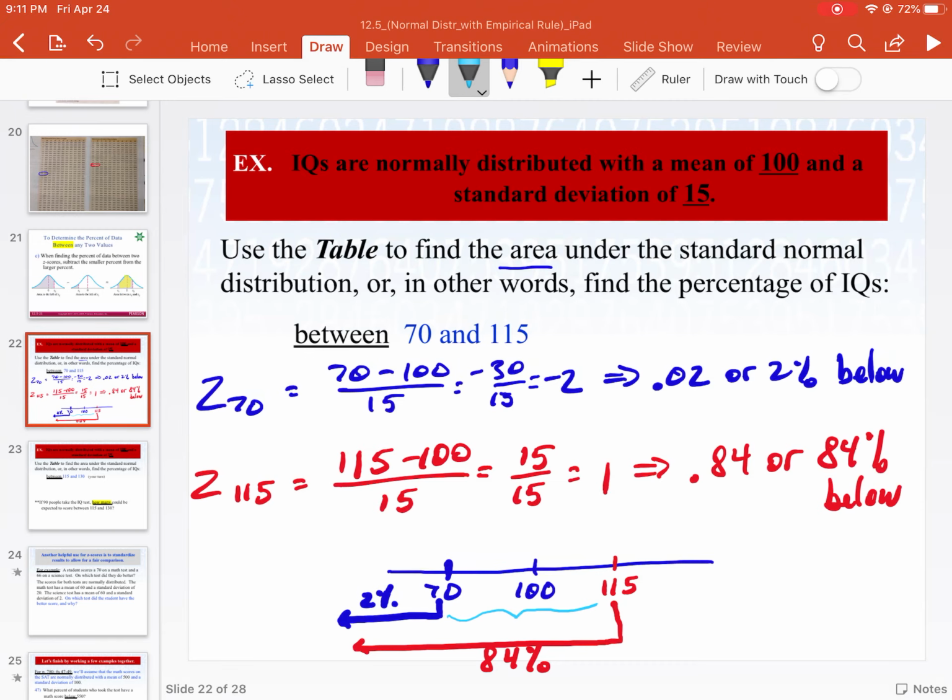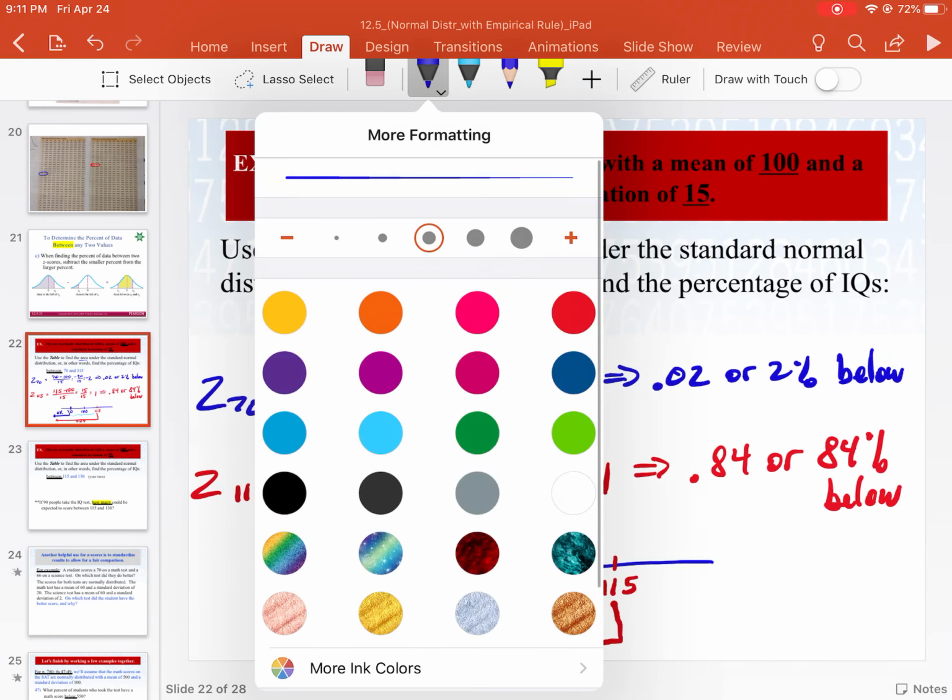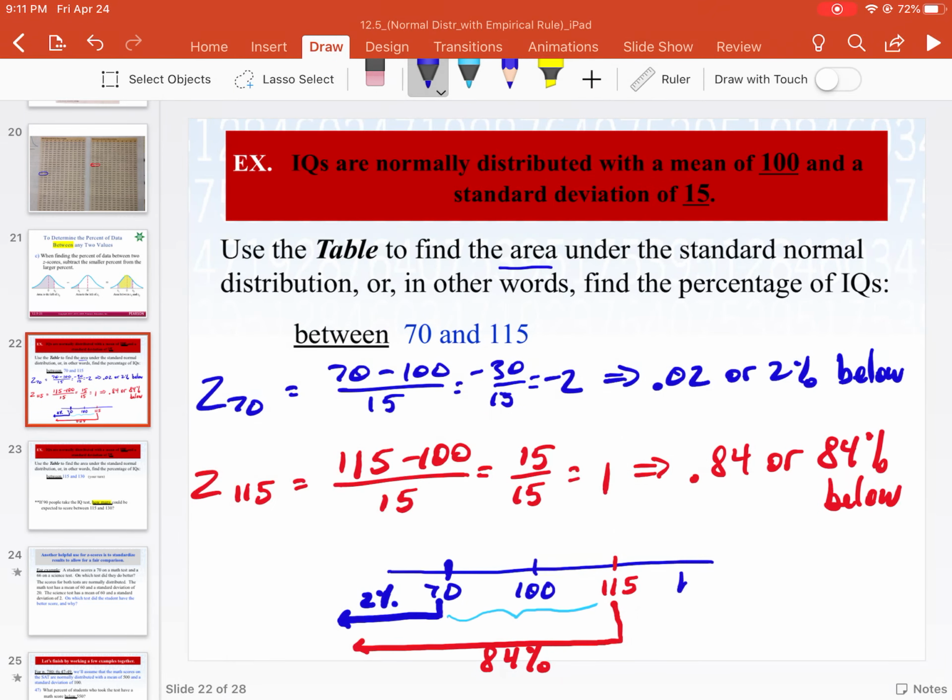That's exactly right. So let's write that. So between equals 84 minus 2, or 82%. So you find each one, and then you subtract, and that'll give you between. Which is what they tried to show you in the picture, if you look up above.